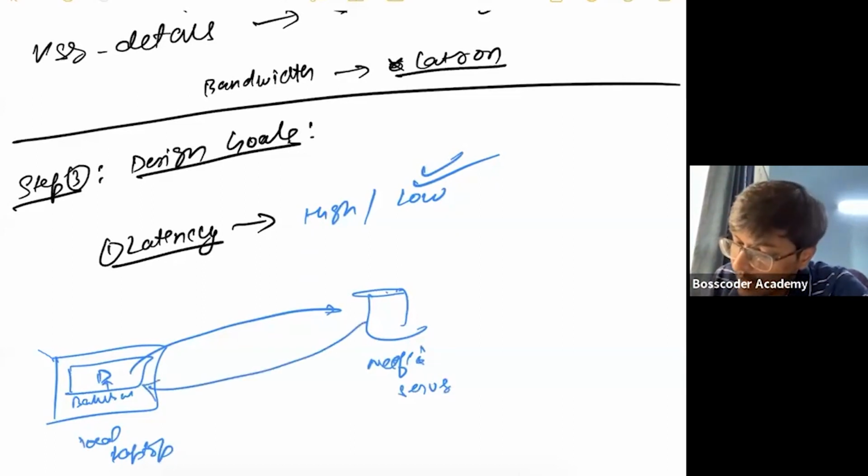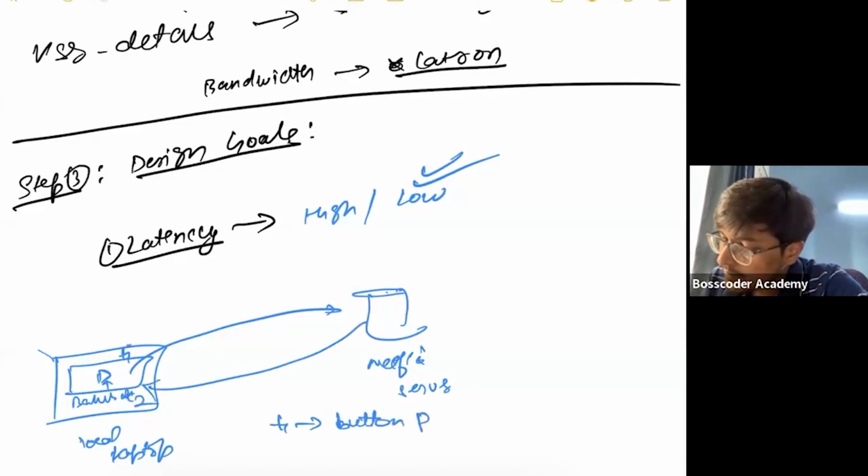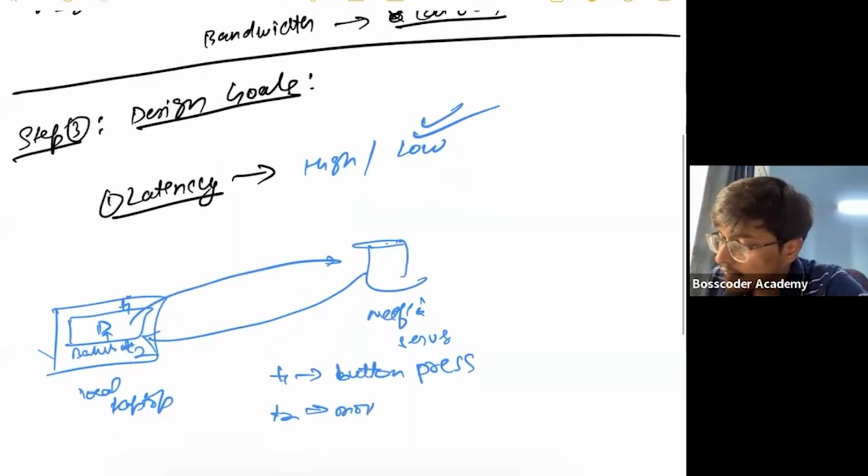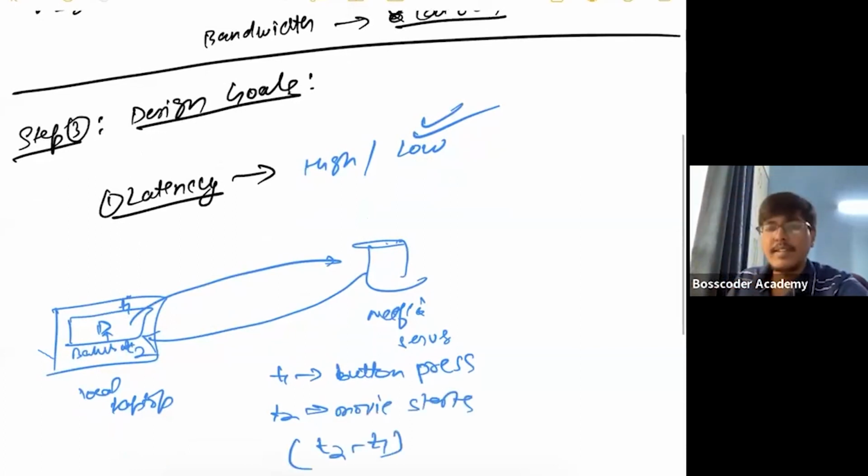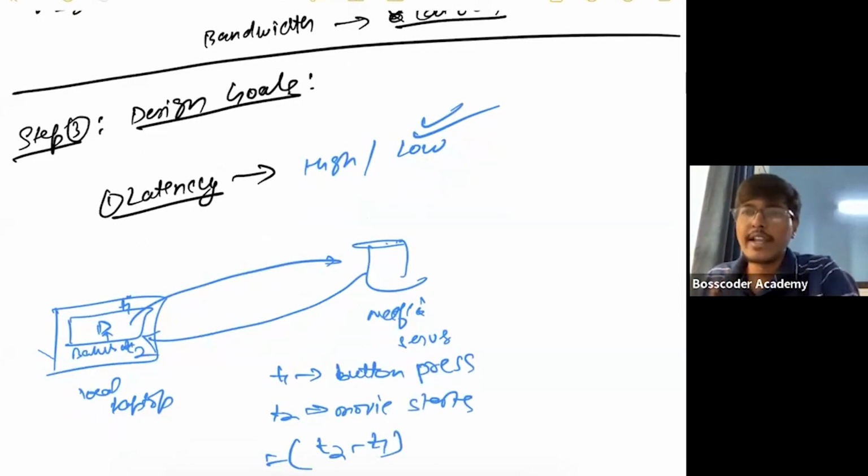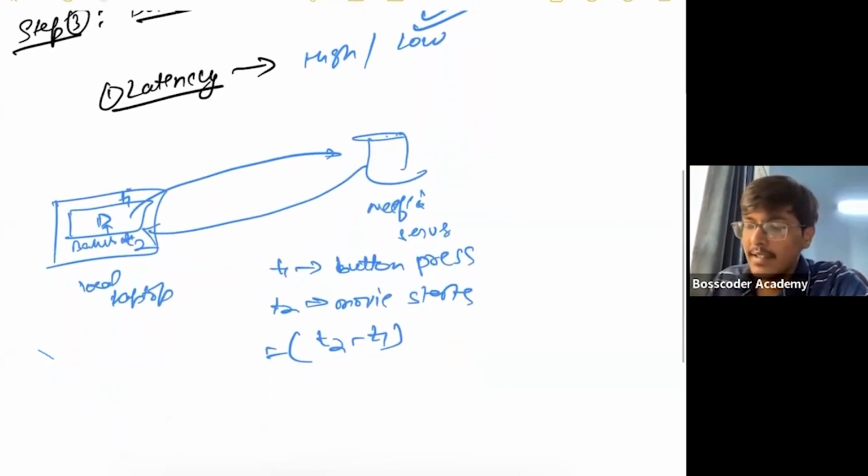Let's say you press the button at T1 and your movie starts at T2. T1 is when the button is pressed and T2 is when the movie starts. How much time it takes is the latency. Make sense? So latency is how much delay there is end to end. You definitely want your movies to be loaded fast, so you want low latency.